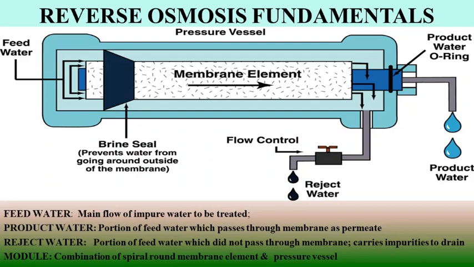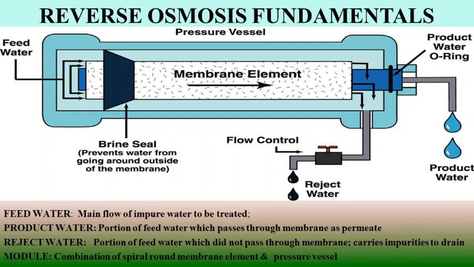This picture is showing a layout of an RO system. In this system, membrane elements are closely packed and the raw water is forced through them at a pressure more than the osmotic pressure, and as a result we have product water, while the concentrate is rejected with the impurities.